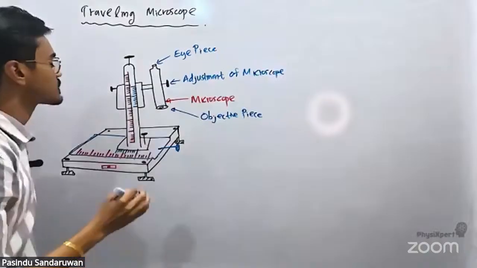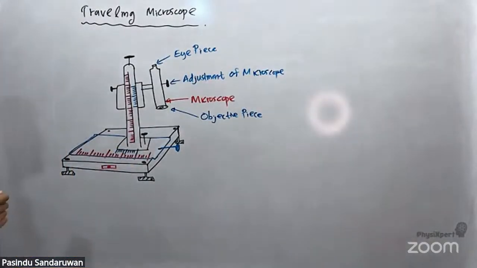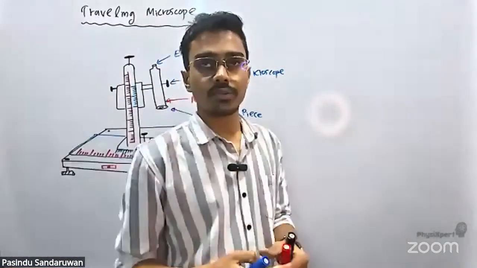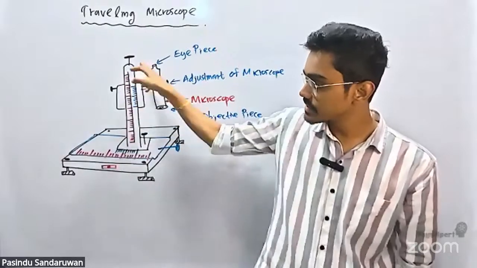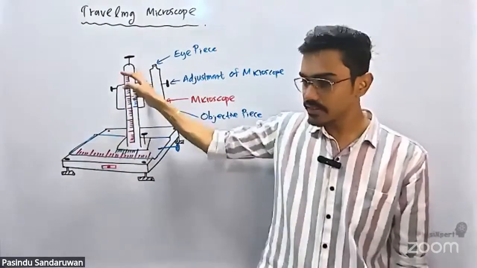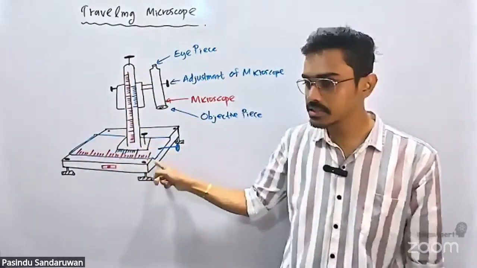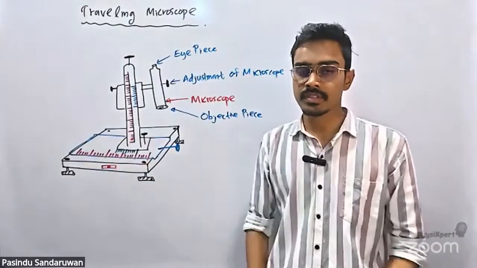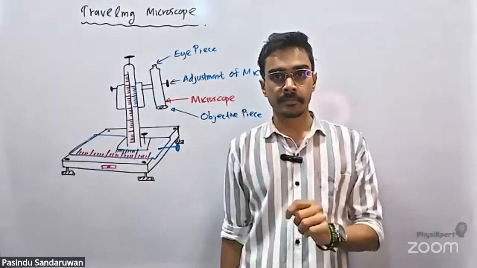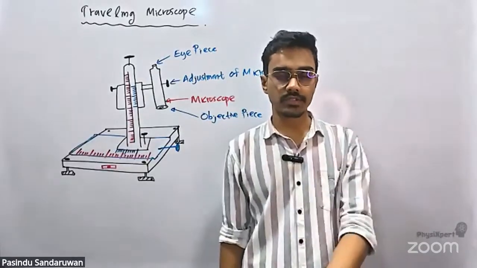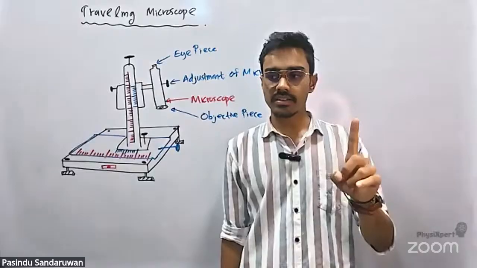Right. And look at here. Can you see there are two main scales in this instrument? One is a vertical scale and another one is here, a horizontal scale. One specialty and unique feature of this instrument is that in all the other four instruments we discussed so far, there was only one scale.